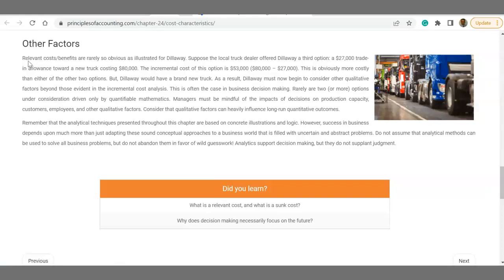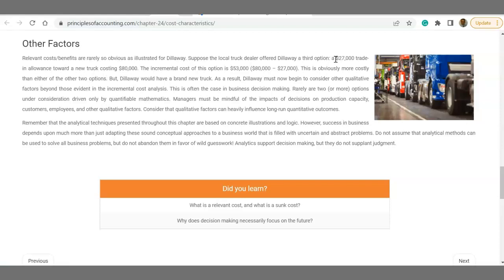Let's read this one. Relevant costs and benefits are rarely so obvious as illustrated for the company in the example, Delaware. Suppose the local truck dealer offered Delaware a third option, okay? And the third option is a $27,000 trade-in allowance towards a new truck costing $80,000.